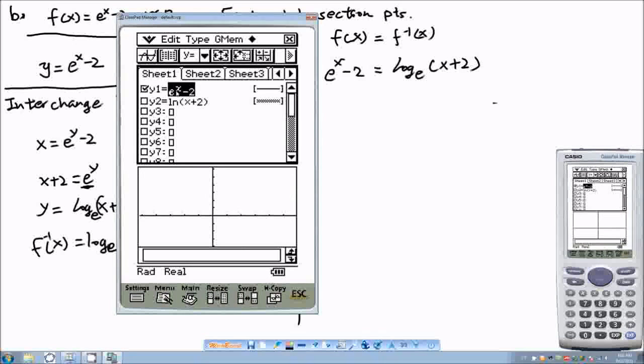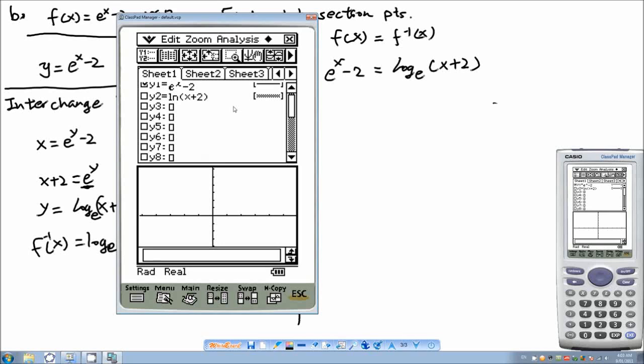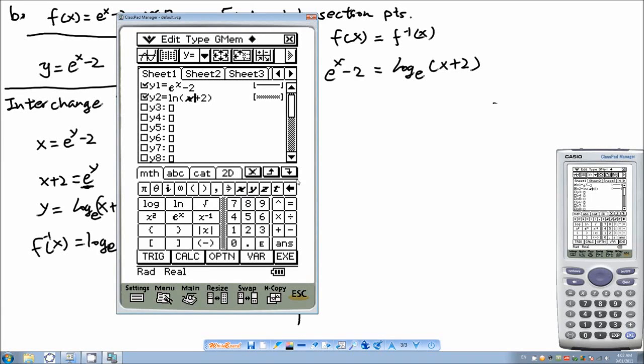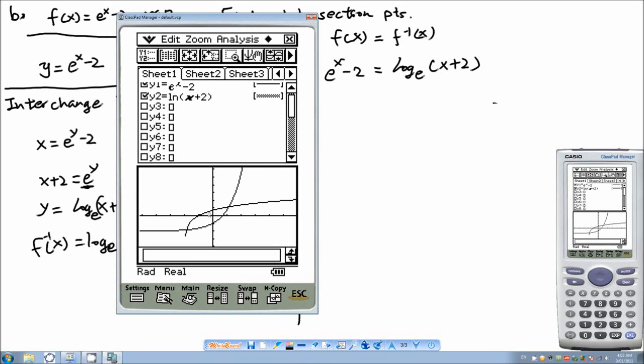I have to put them into the graph. Okay, now I see two intersection points.